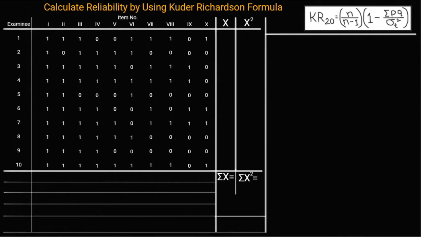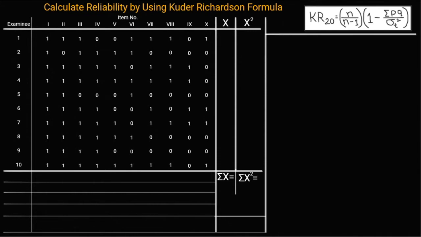So let's get started. In psychometrics, the Kuder Richardson formula KR20, first published in 1937, is a measure of internal consistency reliability. It was developed by Kuder and Richardson.